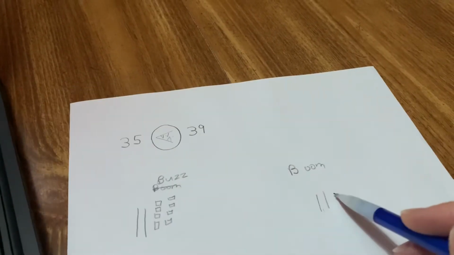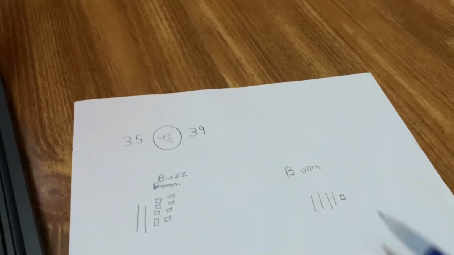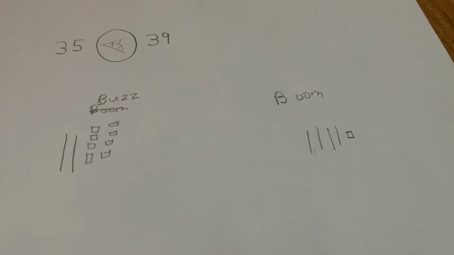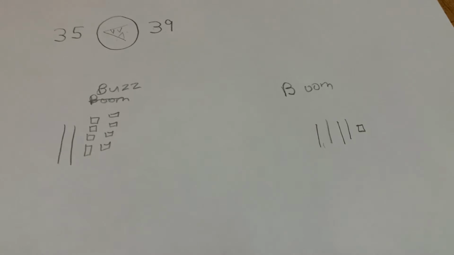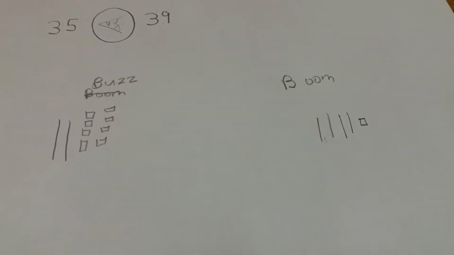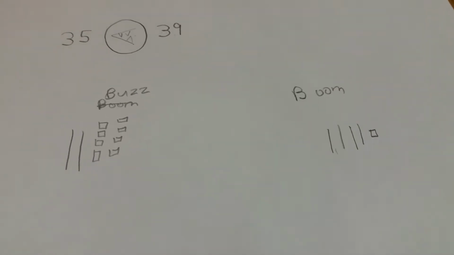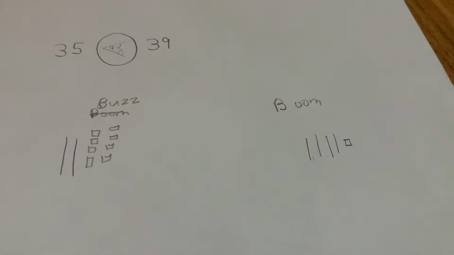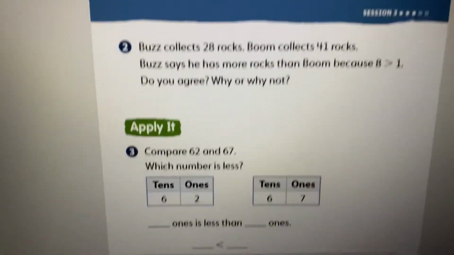So Boom had 41. So this is another way you could draw a picture and you can see clearly that Boom has a lot more rocks than Buzz. So you can look at the numbers and look at the tens spot and ones spot, or you can draw a picture, or you can just know that 41 is a much bigger number than 28. Sorry, Buzz, we tricked you.